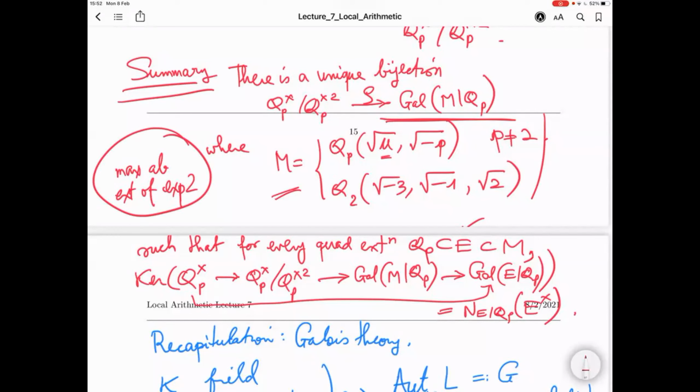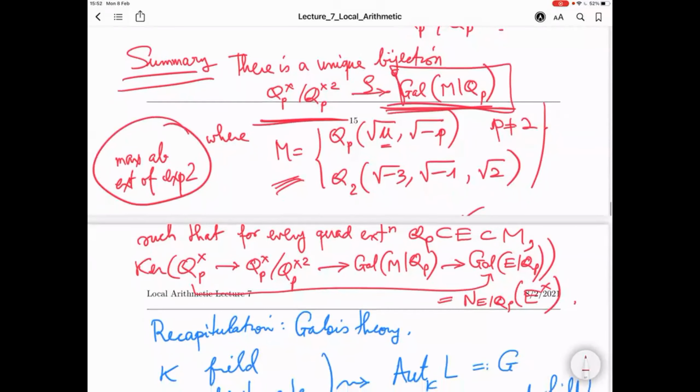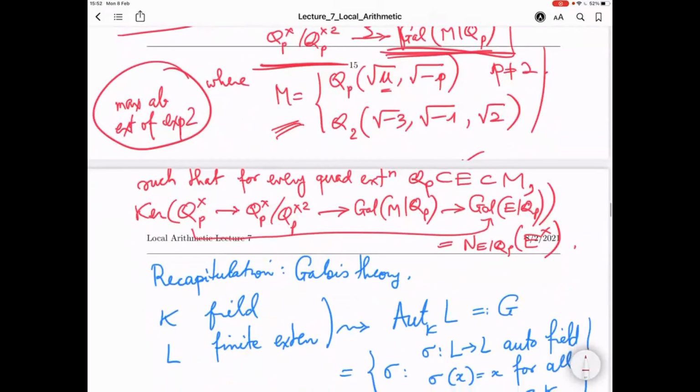In any case, here is a canonical Galois extension of QP, and you have the Galois group of this extension. And what we are doing is giving an isomorphism of a known group with this Galois group, and we are saying that there's a unique isomorphism having this property, that the kernel of this composite should be equal to the image of the norm map.